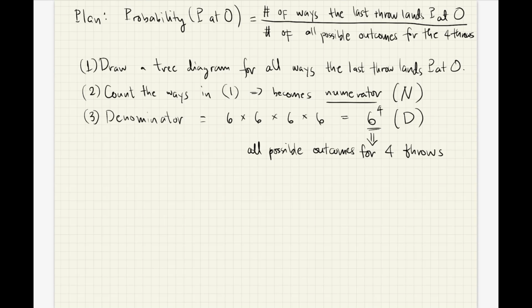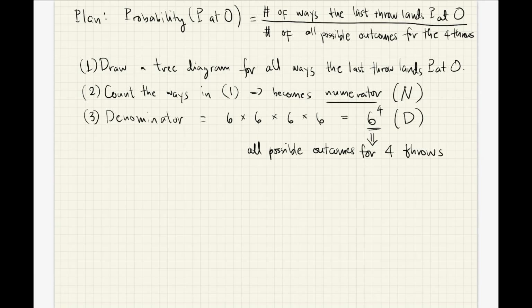So that's 6 possible ways on the first throw. On the second throw, there are also 6, right? Nothing happens to the die. On the third roll, there's still 6 possible ways. And on the fourth roll, there are still 6. So if you multiply those out, you're going to get 6 to the 4th. And this is going to be our denominator. There are 6 to the 4th possible outcomes for 4 throws.